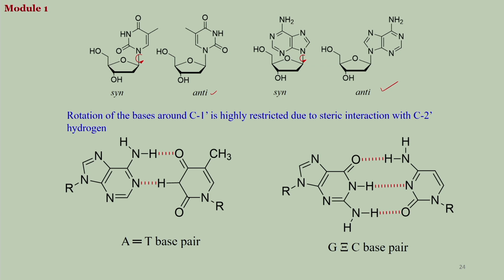This conformation is present in DNA, and that is the explanation why. Of course, this also plays a vital role in forming the base pairs. The 6 membered ring here is a little bit away from the sugar moiety, R is the sugar, and that is why it is available for hydrogen bonding.